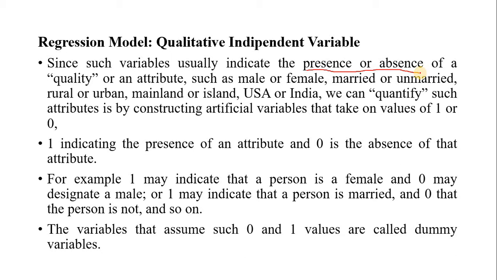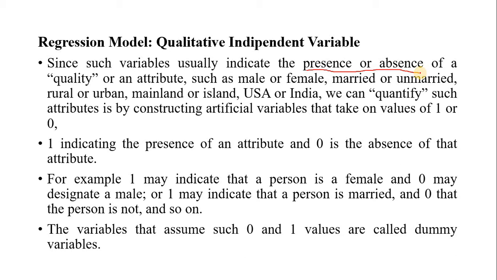For example, 1 may indicate that the person is female, and 0 may indicate male. If 1 indicates a person is married, then 0 indicates the person is unmarried, or not married.